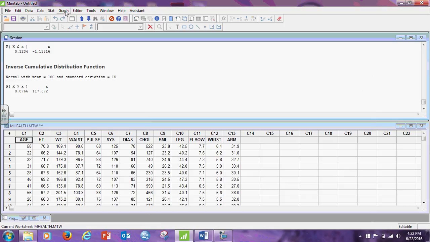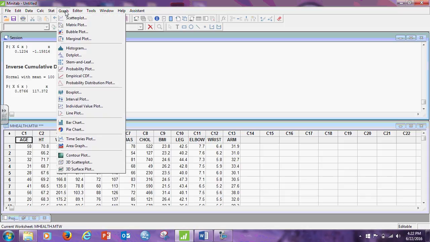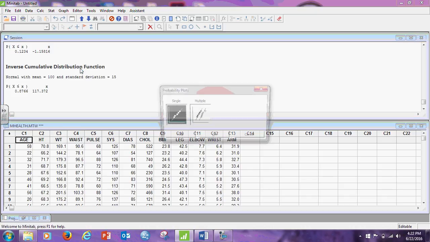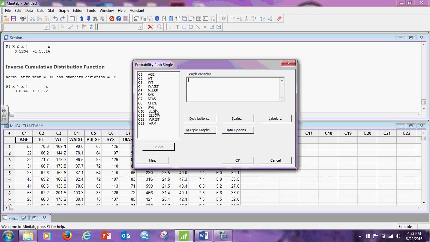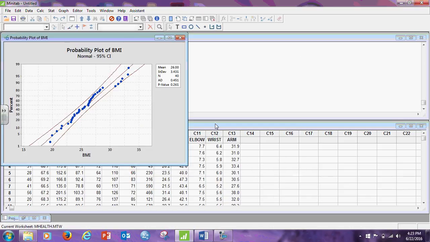To assess for normality, we go to Graph, Normal Probability Plot, or Probability Plot. Click. We're doing a single. Click OK. And now I want to click in BMI and just click OK. We're going to get this. Now remember, what we're looking for is things to be on about a straight line and in between these outside lines.